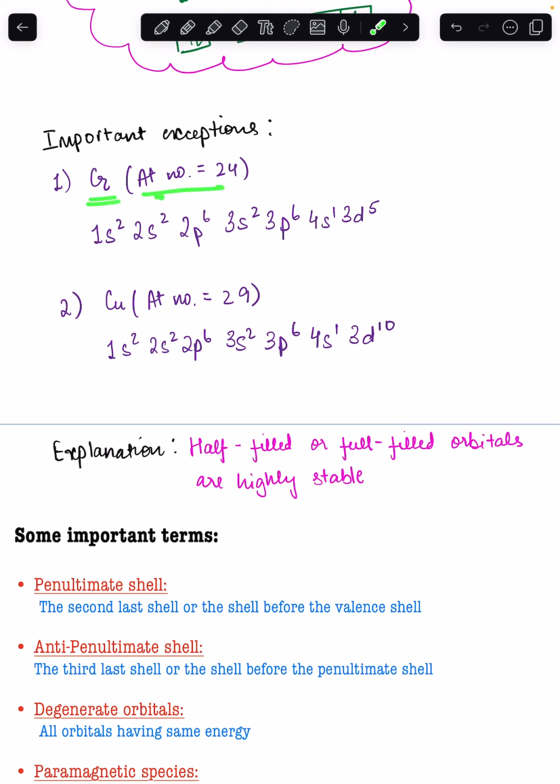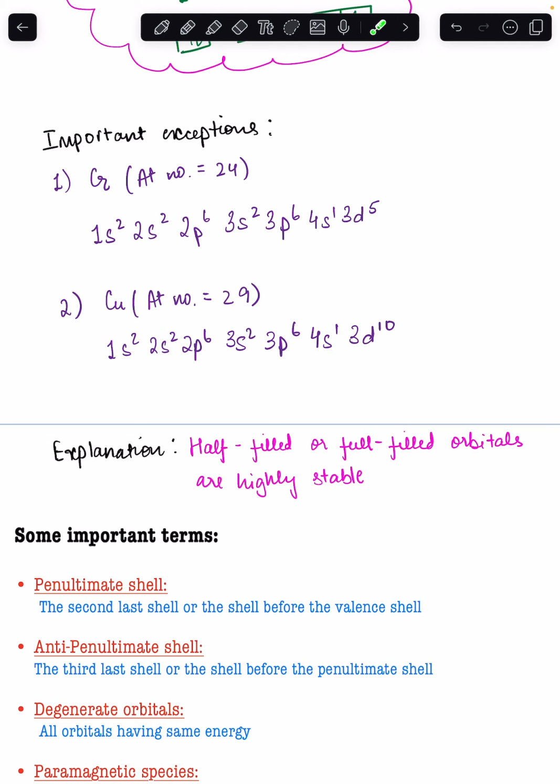It has atomic number 24, but till here it is very normal. Here you see 4s2 and then 3d4. In the general case it should have been this, but we have written it as 4s1 and 3d5. And copper, here 4s1 and 3d10 has been written.